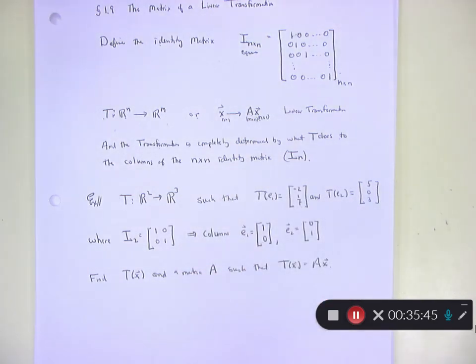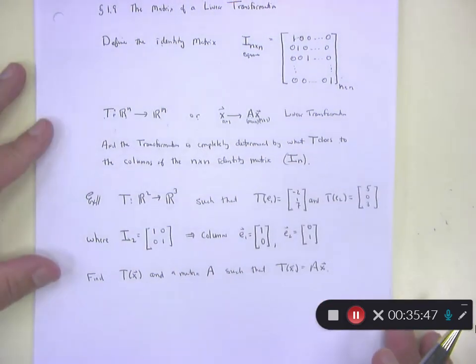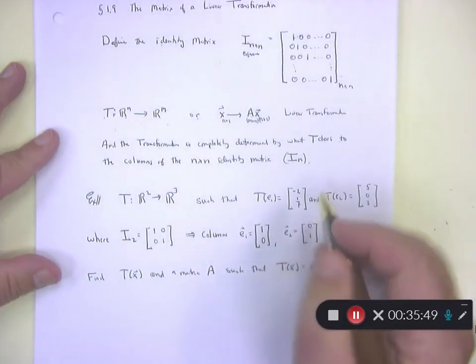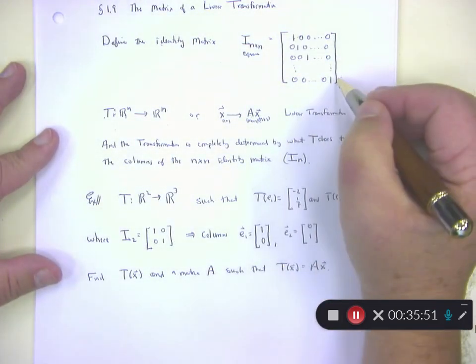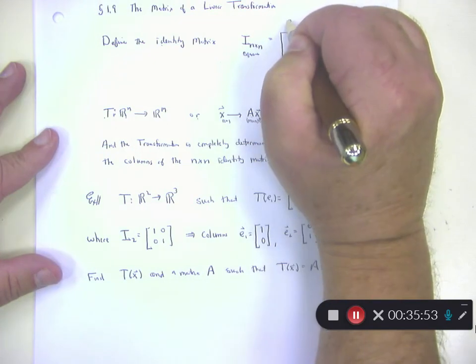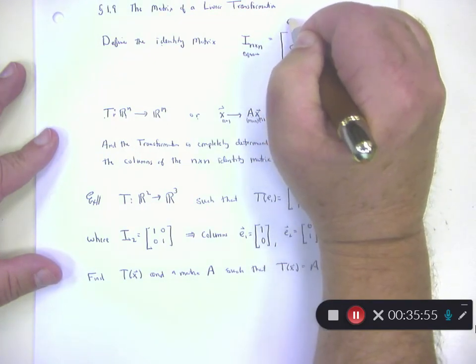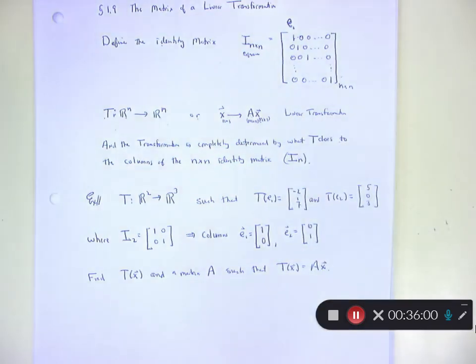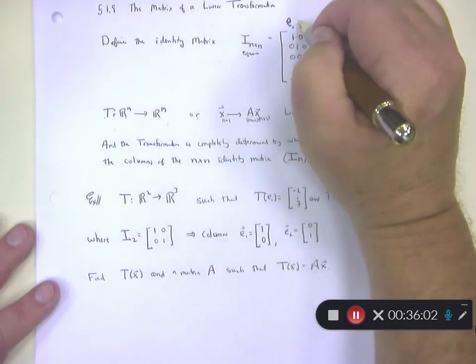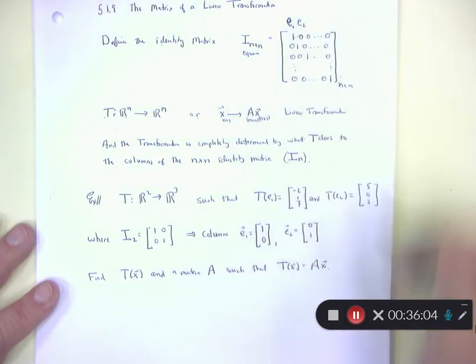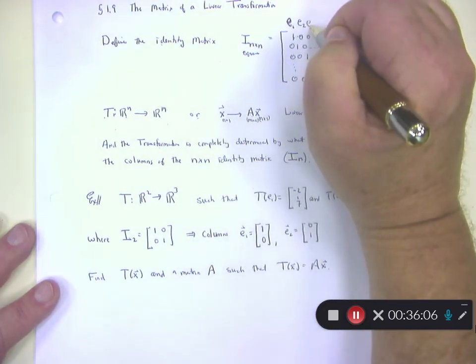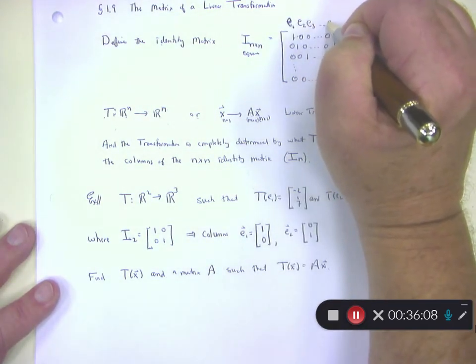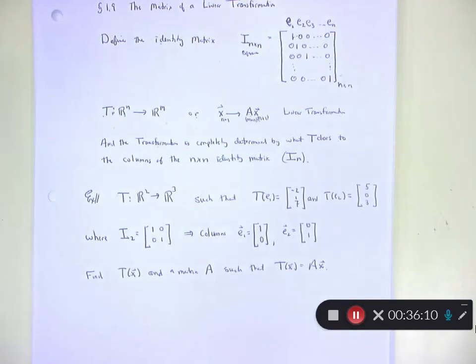A little side note here. This first column is going to be called E sub 1. The second column is called E sub 2. The third column is called E sub 3, dot, dot, dot. The last column is called E sub n. What's the deal? This is the math notation.